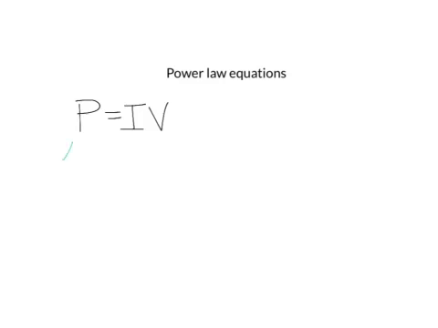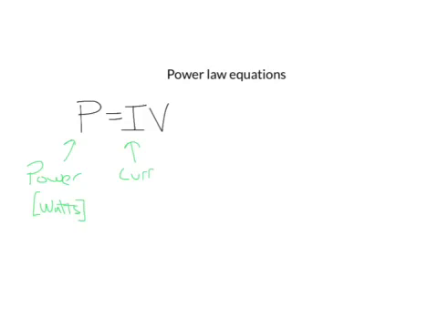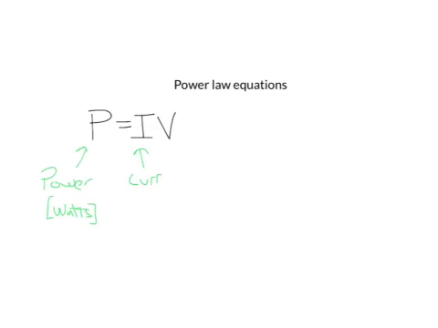Once again, we've already mentioned this, but P is power, and power is measured in watts, as we've already said. From previously, we've learned that I represents current, and we should know at this point that it is measured in what's called an ampere.